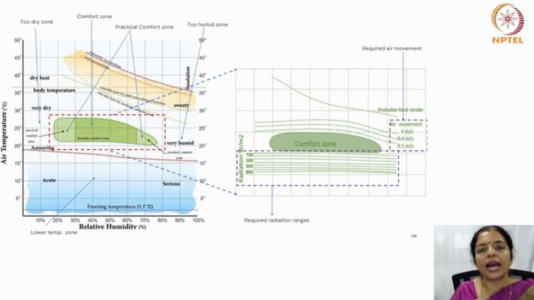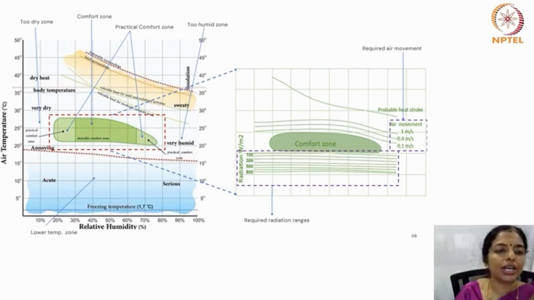Now, if you look at the bioclimatic chart, you can see that this zone, I'll change the color. This zone, which has conditions pertaining to a specific air temperature, relative humidity, etc., falls under desirable comfort zone. These two zones fall under practical comfort zone.